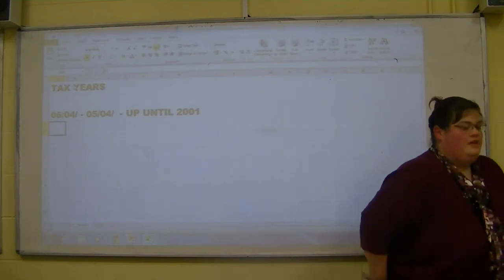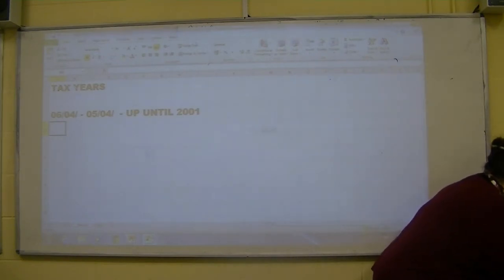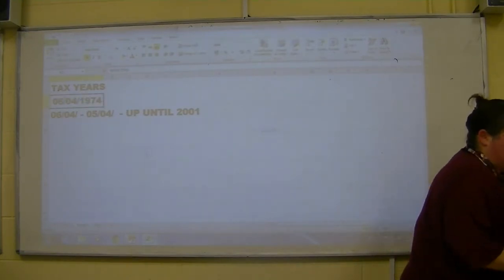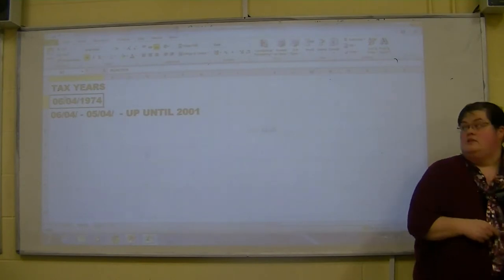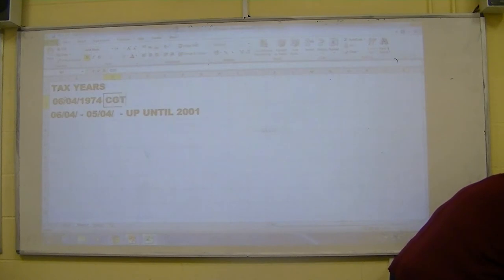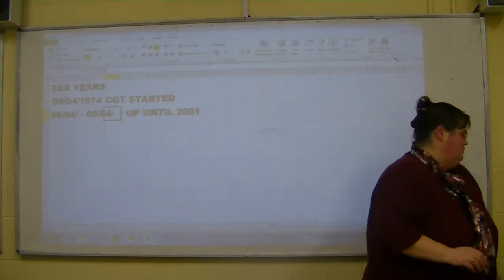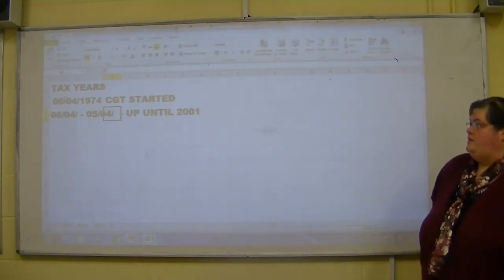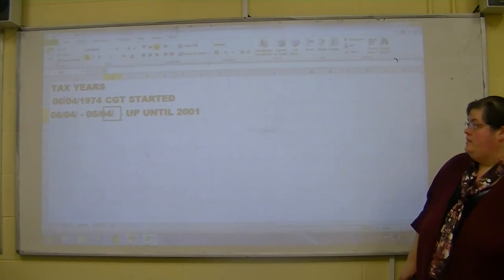Capital gains tax started on the 6th of April 74.